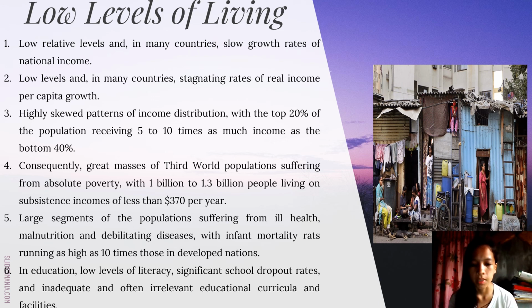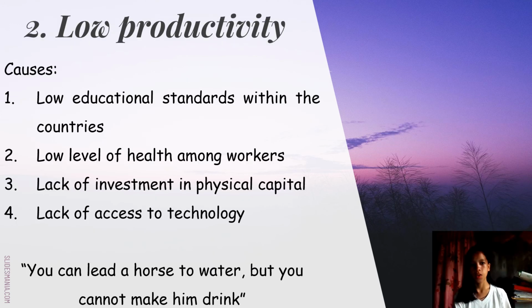And lastly, in education, low levels of literacy, significant school dropout rates, and inadequate and often irrelevant educational curricula and facilities. So second characteristics of a developing country is low productivity.